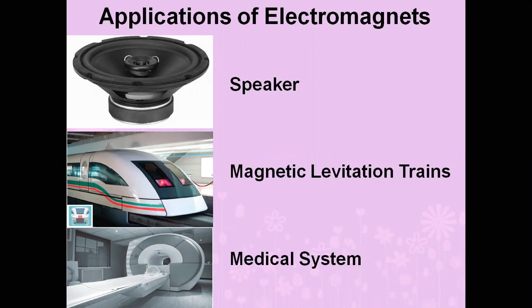So, first, the speaker contains a permanent magnet. In front of the permanent magnet, an electromagnet is put. Current flows through the coil of the electromagnet. The permanent magnet is not moving, but the electromagnet is moving.